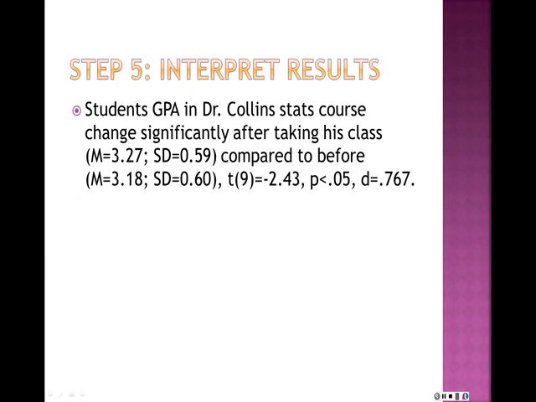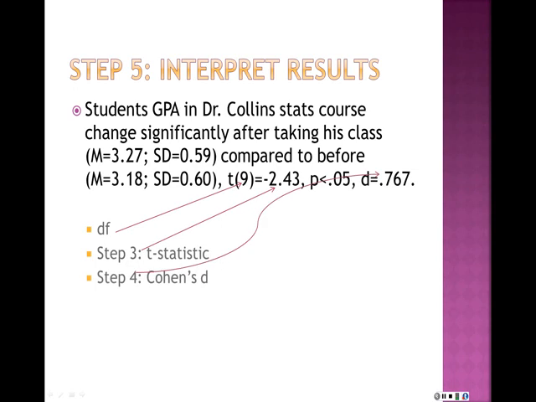This little number here is our degrees of freedom, our n minus 1. This here is our step 3, our test statistic, our t statistic. And this here is our Cohen's d. This little p-value is that alpha level. If this score is beyond our critical value, we say that it's less than 0.05 because there's less than a 5% chance of this difference occurring just by chance.